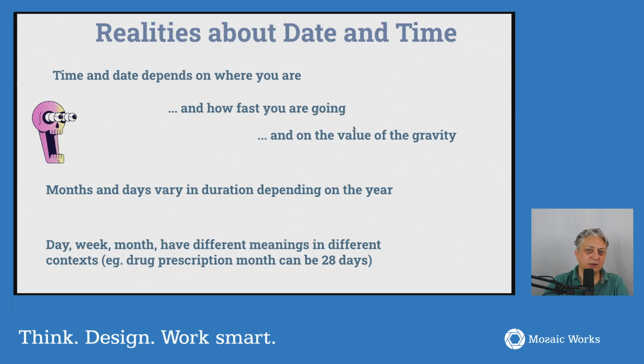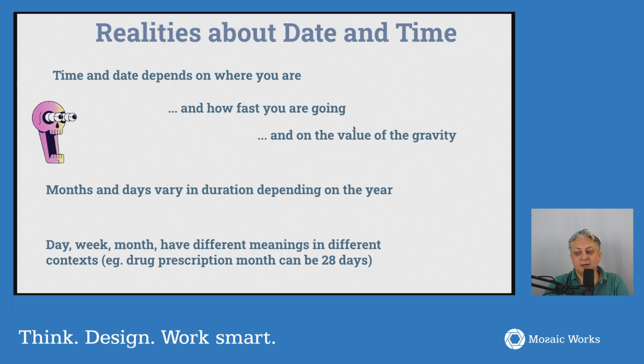I worked on medical software at one point, and we were discussing things like prescriptions, where you prescribe drugs for a week, for a month, for 3 months, something like that. And the question was, okay, how long is a month?